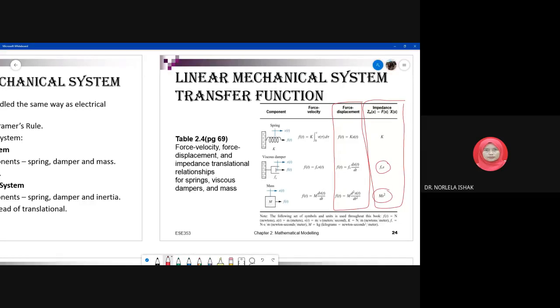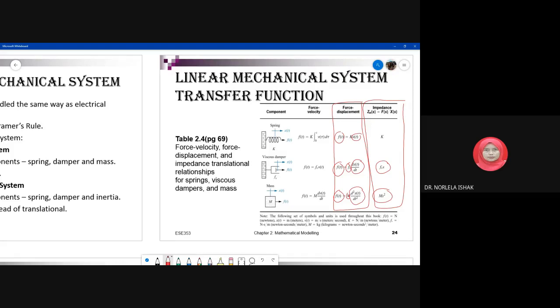So for the relationship between force and displacement, for the spring, F is the total force, K is the spring constant, and x is the displacement. Same goes for the viscous damper: force equals fv dx over dt. And for mass, force equals M d squared x over dt squared. That shows the relationship between force and displacement.